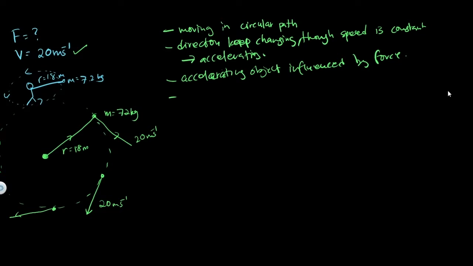So for circular motion, the only force that we have here is the tension. This is the tension between the hammer and this person in the connecting thread or the connecting wire that we have here. So the tension here is equal to the force.